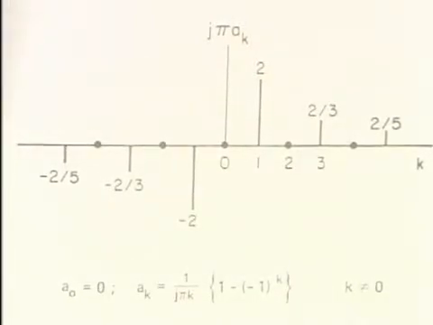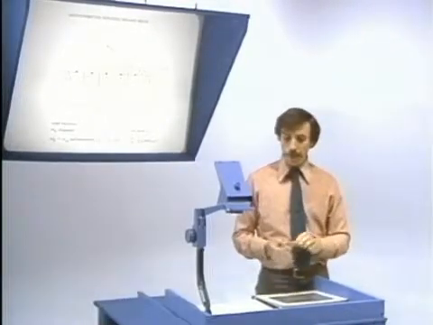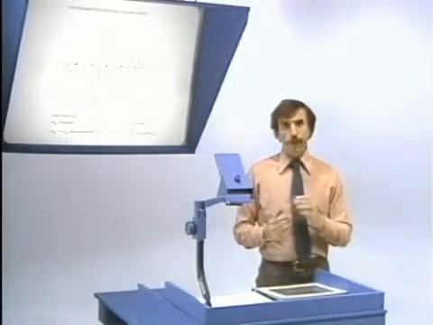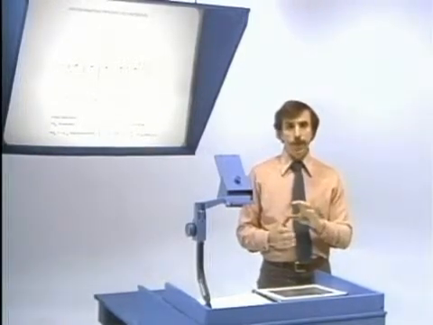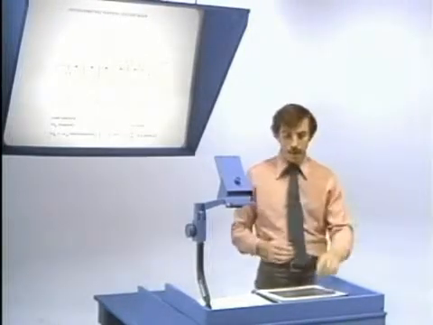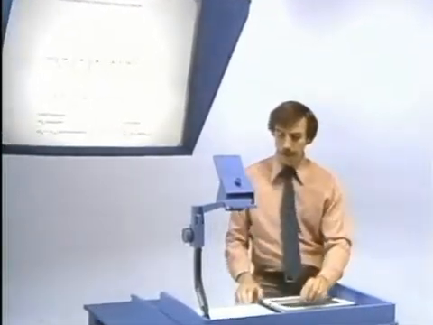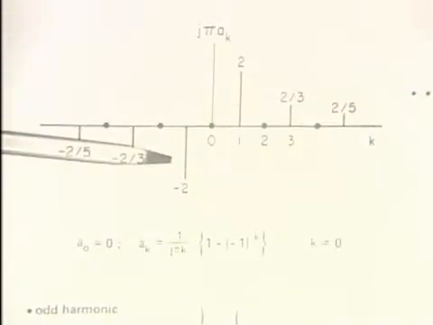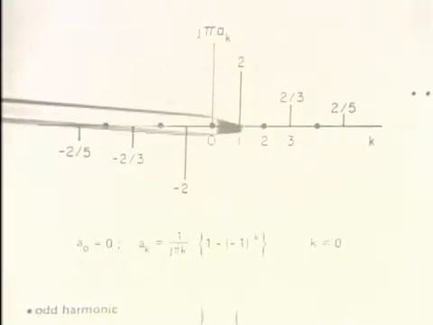One is the fact that the Fourier series coefficients for this example are purely imaginary. A second is that the Fourier series coefficients for this example are an odd sequence. In other words, if you look at this sequence, what you see are these values for negative k flipped over. So they're imaginary and odd.